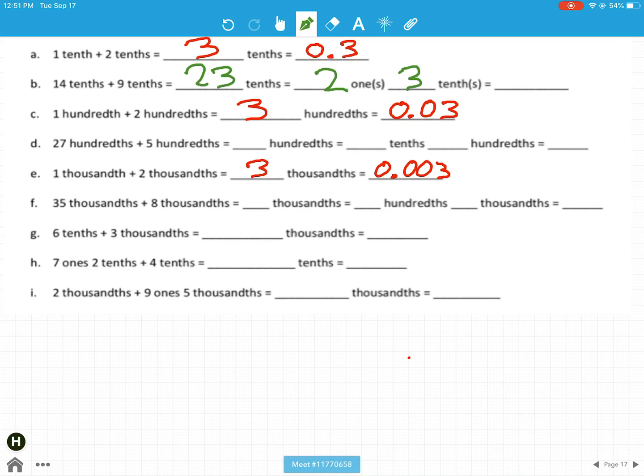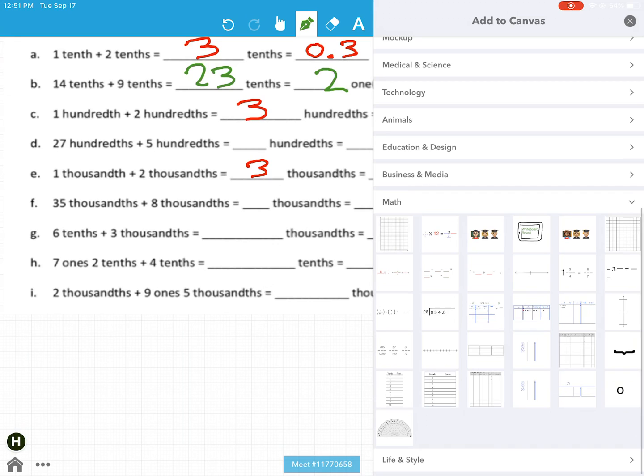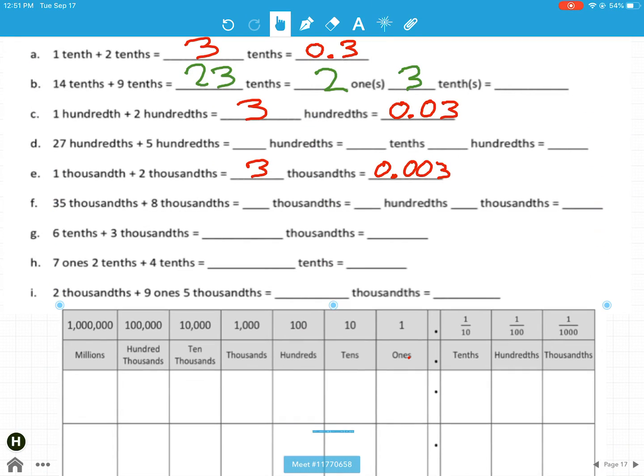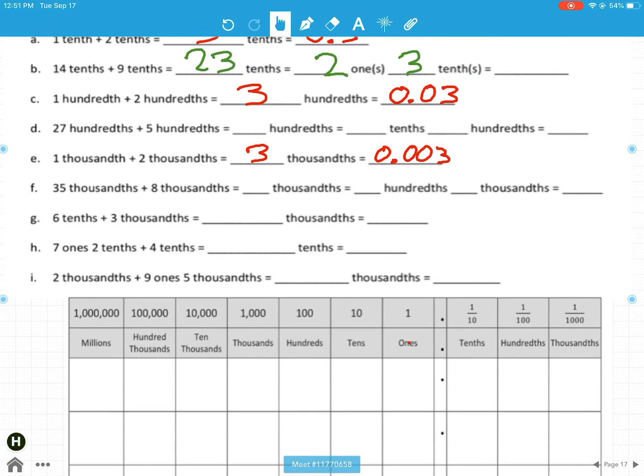Another way we showed it was with the place value chart. A handy dandy place value chart. Let me move it down here. If I had 23/10, I would have 1, 2, 3, 4, 5, 6, 7, 8, 9, 10, 11, 12, 13, 14, 15, 16, 17, 18, 19, 20, 21, 22, 23.